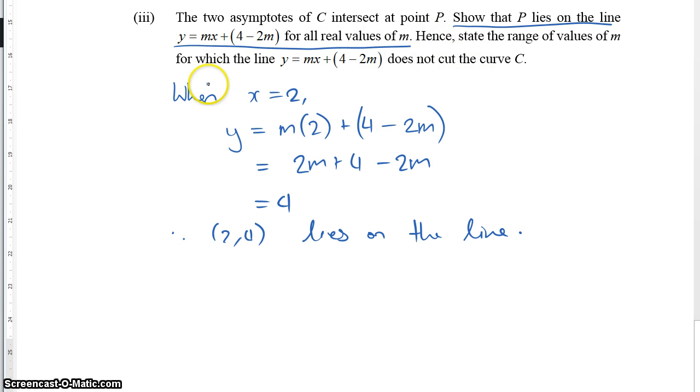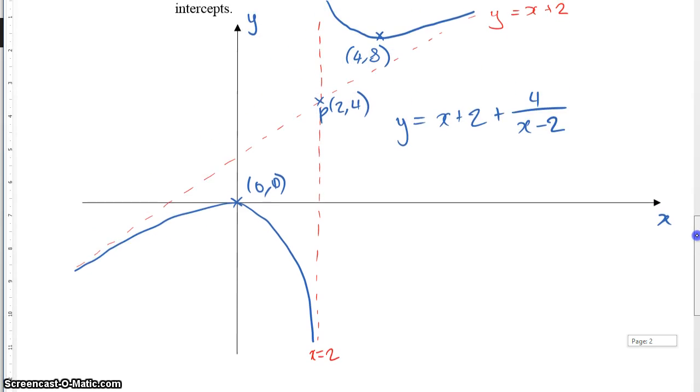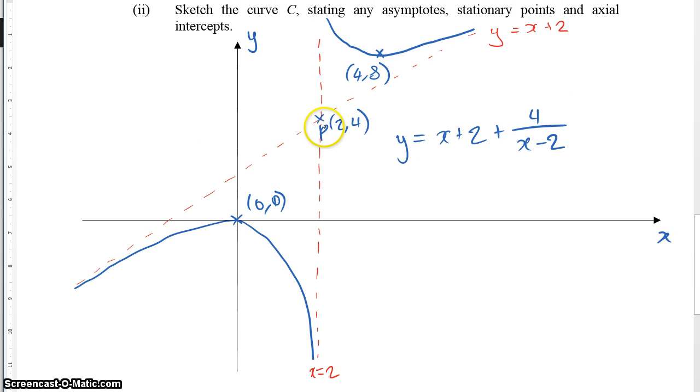So now I know that this line passes through the intersection point of the two asymptotes. Hence state the range of values of m for which it does not cut the curve. So if I go up here and I look for lines that do not cut this curve. Now obviously if I drew a line like this, straight lines by the way, are in the form y equals mx plus c.